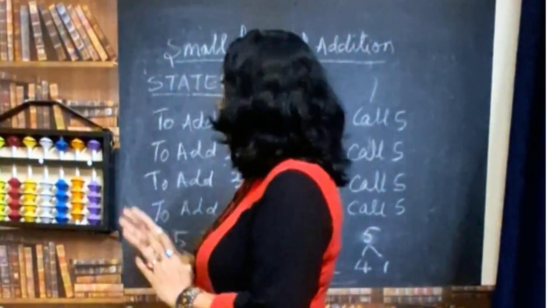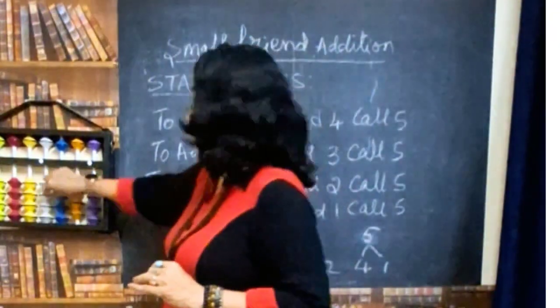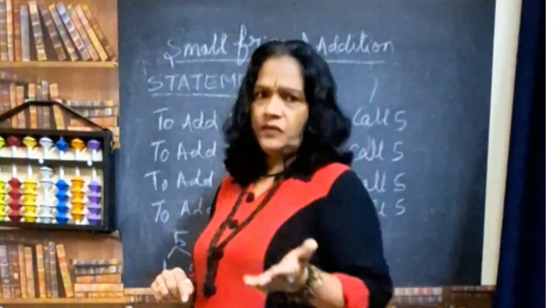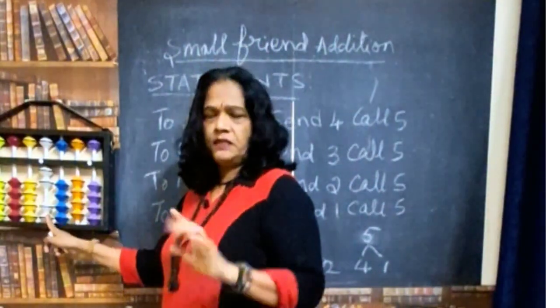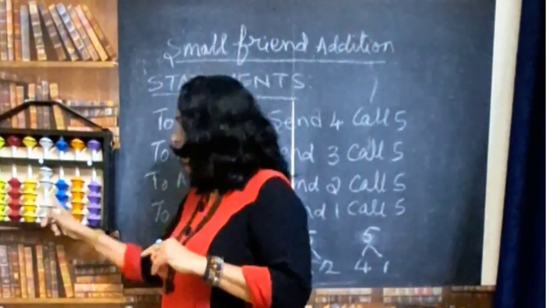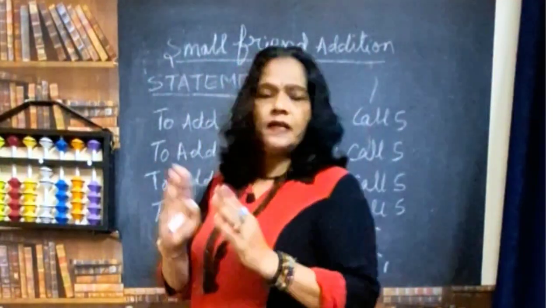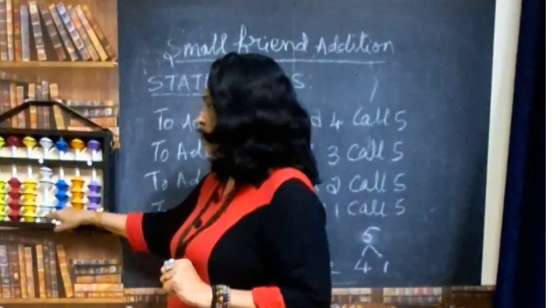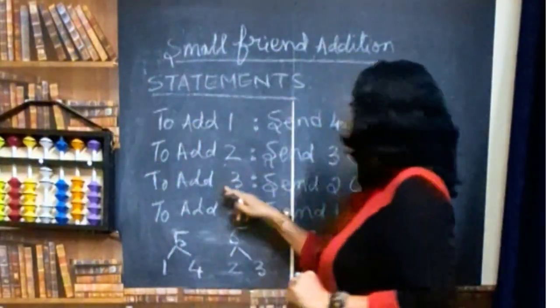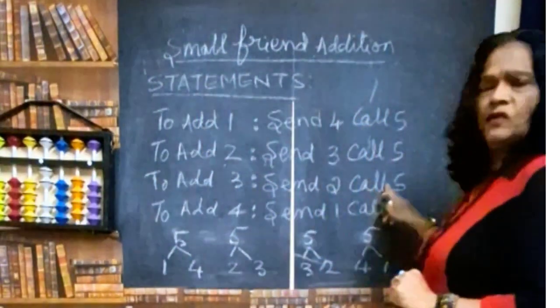It is not only the case that 4 is there and we add 1. Suppose 2 beads are there on the abacus. Add 3. Only 2 beads are there, there are no 3 beads. Now we can use the statement. When there are no beads, then we should use this statement. 2 is there, add 3. 3 beads are not there. Look at the statement. To add 3, send 2, call 5.